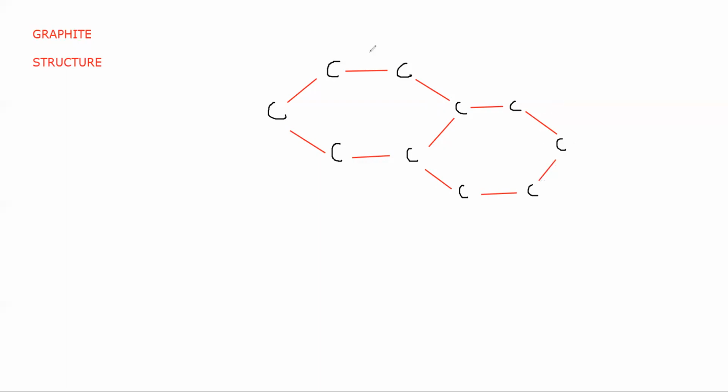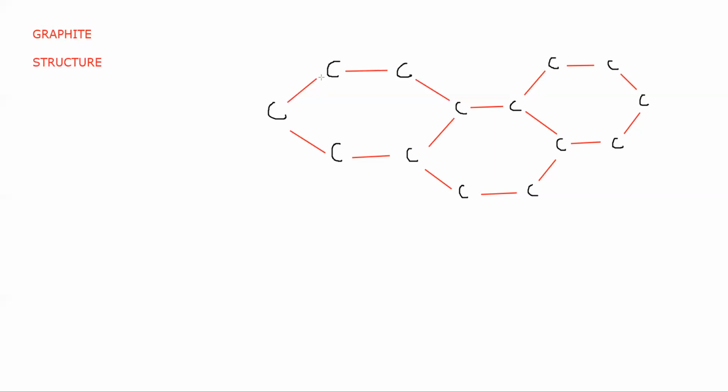Then 1, 2, 3, 4, 5, 6. So you can see the hexagonal rings, every ring having 6 carbon atoms.